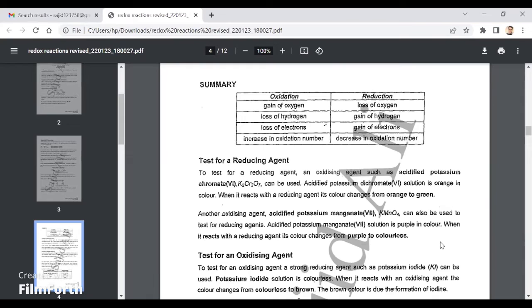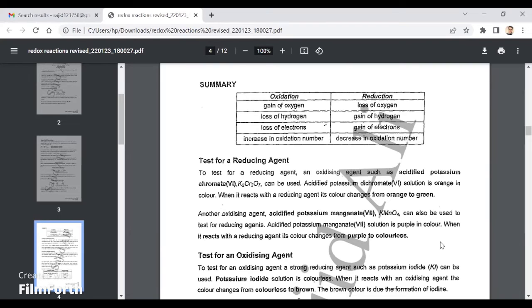It means Benedict solution is an oxidizing agent that is reacting with a reducing agent. And the reducing agent is a reducing sugar, in that case glucose. ठीक है बेटा?